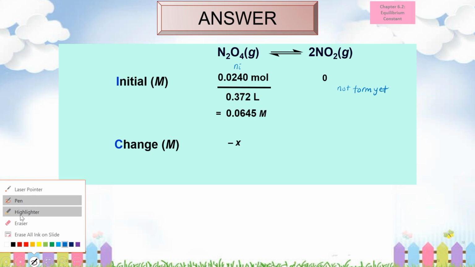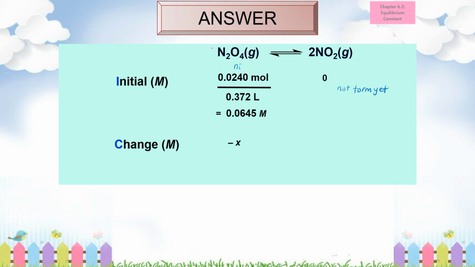The coefficient for N2O4 is 1, so it will decrease by negative X. As for the product, the coefficient is 2, so it will increase by positive 2X. So at equilibrium, remember, the concentration of the reactant is initial minus X, and for the product, 0 plus 2X equals 2X.